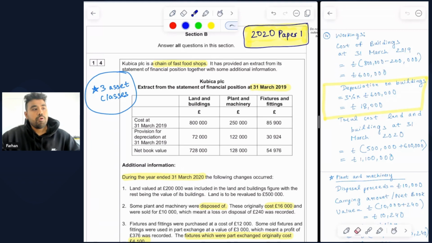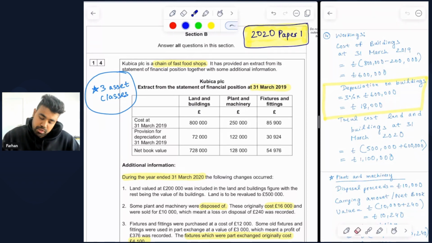Okay, we know that during the year, based on additional information number 1 and additional information number 4, we do not have any additions or disposals of land or buildings. And we also know that buildings are depreciated at 3% per annum using the straight line method, and land obviously cannot have any depreciation.